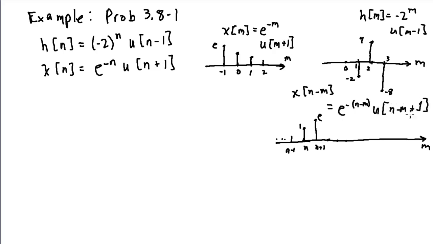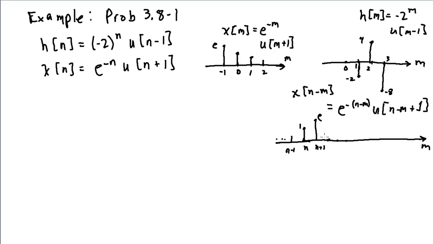So this is what this looks like. And again, if you remember from our convolution formula, I'm summing the product, from minus infinity to infinity, of these two sequences for different values of n.